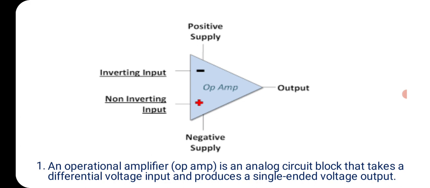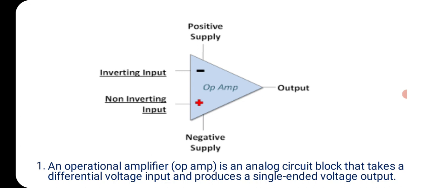Before going into that, I hope you all know what an amplifier is. An amplifier is a circuit which strengthens the weak signal and makes it strong. How does it strengthen the weak signal? By increasing its amplitude. This increases the strength of the signal.